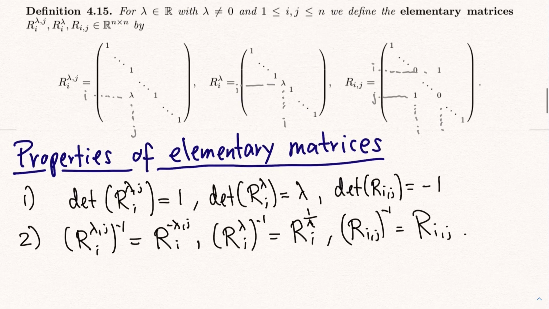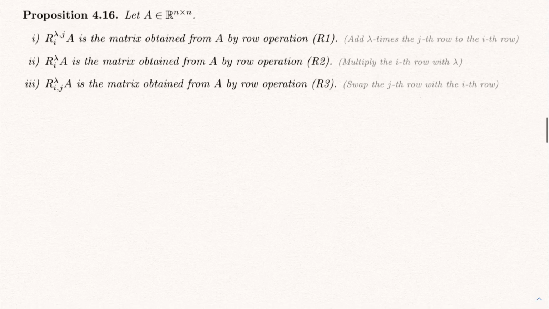Okay, and now we want to show that multiplying with these elementary matrices corresponds to applying these row operations R1 to R3. And this is the statement of this proposition. So the first one is, if I have an n by n matrix A, and I multiply it with the first of these elementary matrices, R lambda Ji, then this new matrix is the matrix I get from A by applying the row operation R1, which meant that I add lambda times the jth row to the ith row.